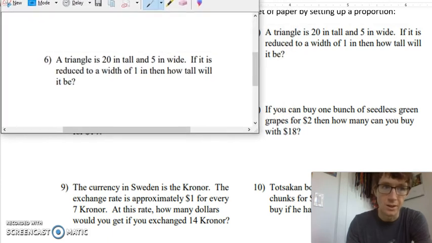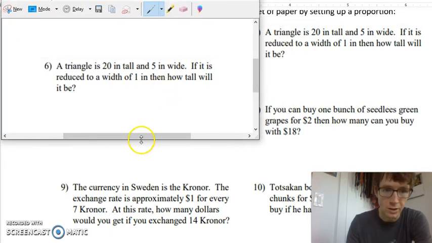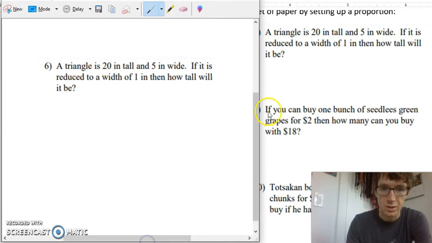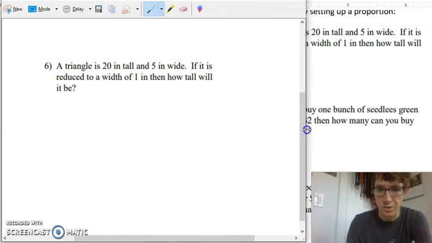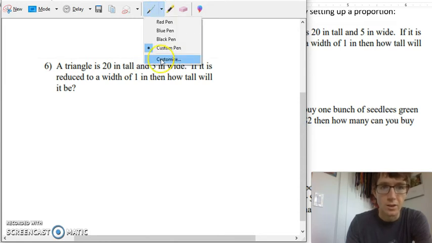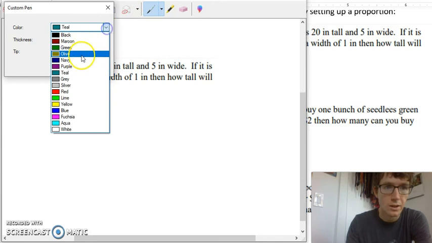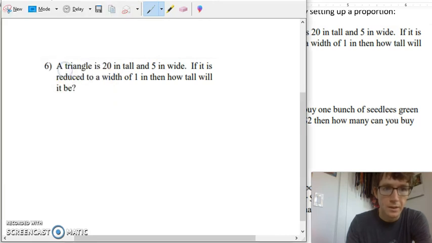And again, this is another thing that you guys could probably do in your head, but I just want to show you guys the process, just in case we use decimals or it's a more complicated expression. So a triangle is 20 inches tall and 5 inches wide. So I'm going to say it's 20 tall and 5 wide.